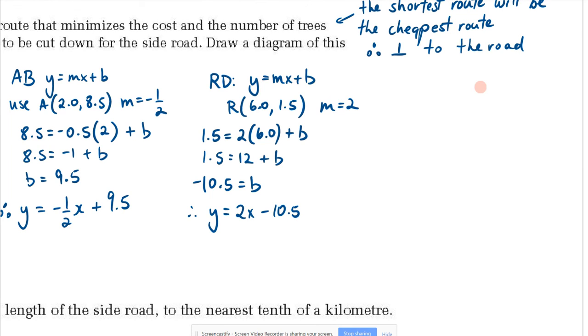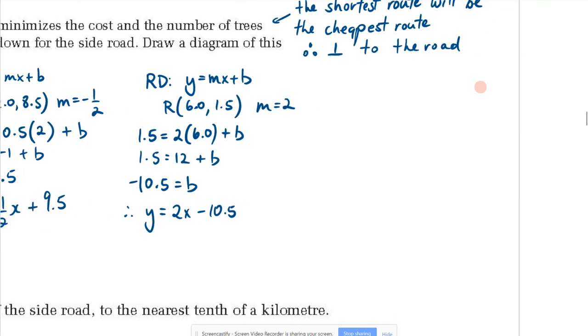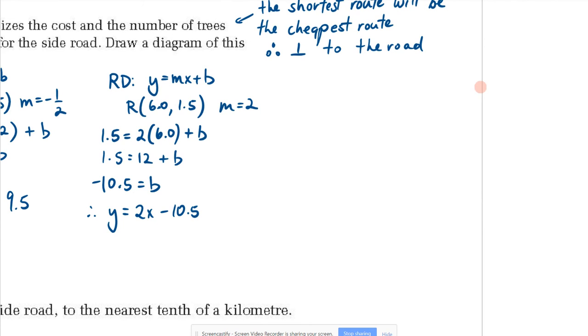Now, I have the two equations. The next thing I need to do is determine the point of intersection. And the point of intersection, when I put those two lines together, looks like this. So negative 0.5x plus 9.5 equals 2x minus 10.5.